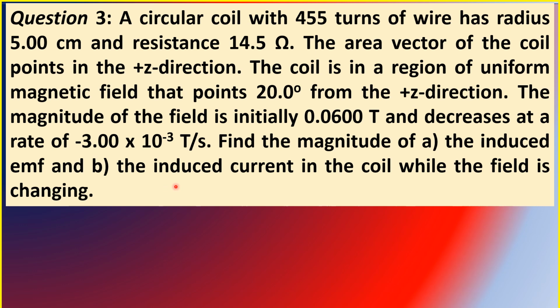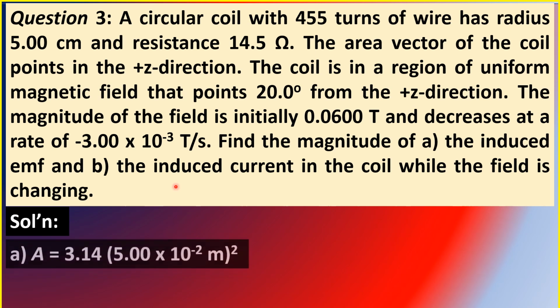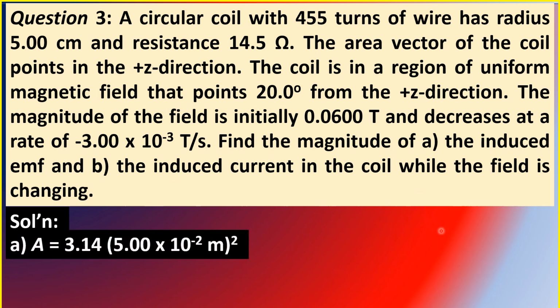So, the solution to this problem for question letter A, finding the magnitude of the induced EMF: we will first calculate the magnitude of the area vector A, and that is just equal to pi r squared, to three significant digits. 3.14 is the value for pi times the square of the radius.